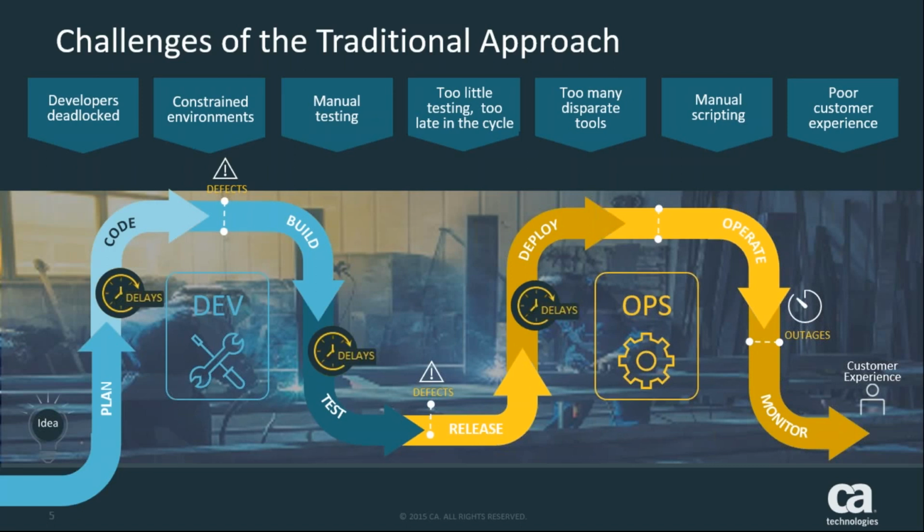Part of what we do in DevOps is trying to avoid these pitfalls. I just want to call out the obvious ones along the top: deadlock with developers, constrained environments, manual testing versus automation, too little testing, too late in the cycle, especially with security, too many disparate tools, manual scripting, and of course they all lead to poor customer experience.